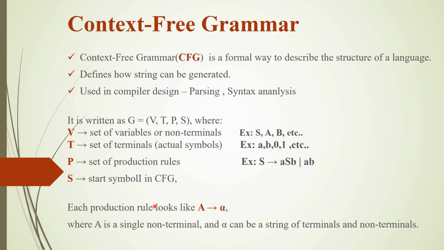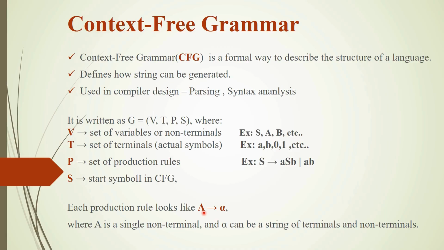In CFG, each production rule looks like this: capital A producing small a. So what do capital A and small a mean here? You can see that on the left-hand side we have used a single non-terminal in a capital letter, which is nothing but your variable or non-terminal. It is always supposed to be a single one.